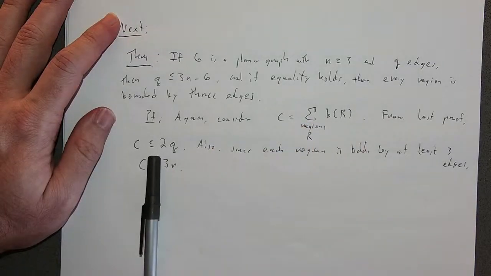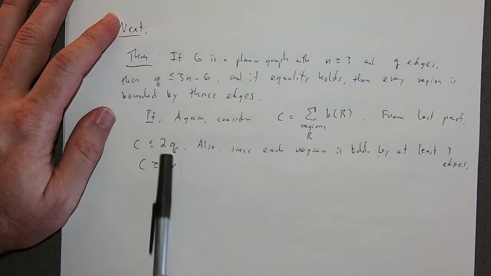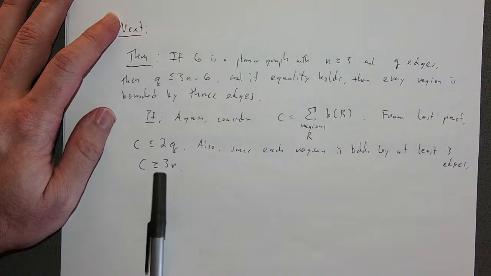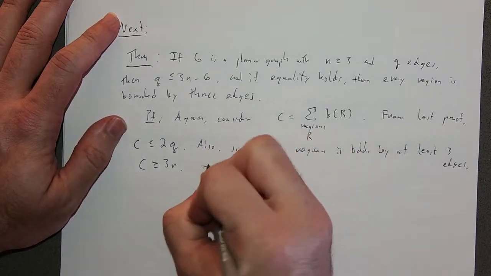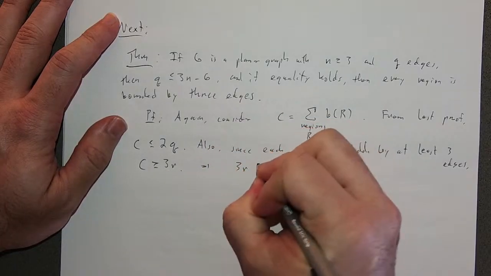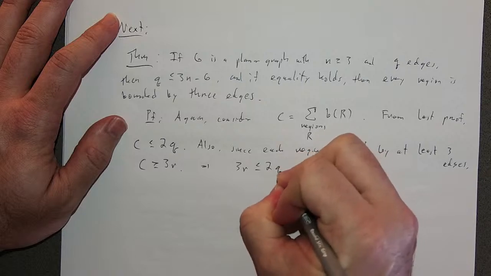But C is less than or equal to 2q, and it's greater than or equal to 3r. This implies that 3 times the number of regions is less than or equal to 2 times the number of edges.